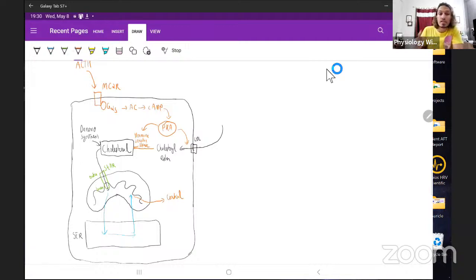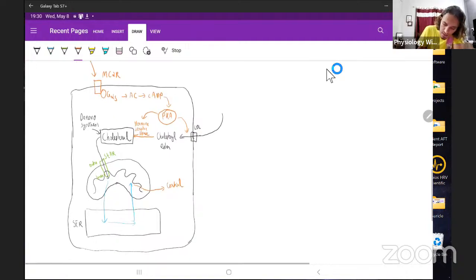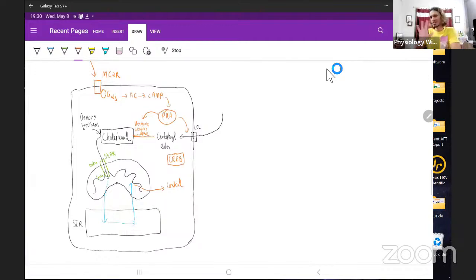Okay, the third thing your protein kinase A does is through CREB, which is just a transcription factor. You'll hear this very often in the endocrine system. A transcription factor, just know that, which results in transcription of certain enzymes related to mitochondria, like CYP.